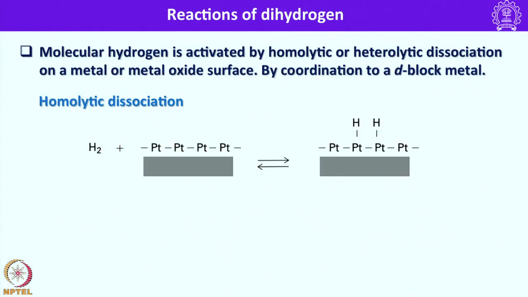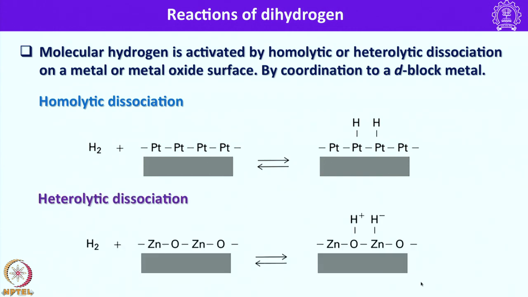For example, in case of homolytic dissociation, on a metal surface hydrogen is split, and it forms platinum hydride. That means both are H minus, formed by leaching out one electron from platinum.